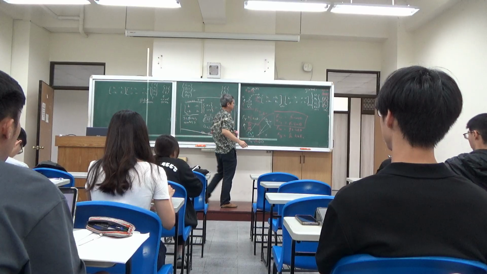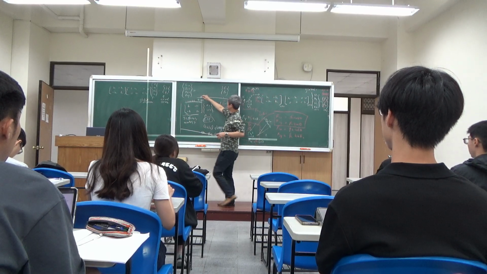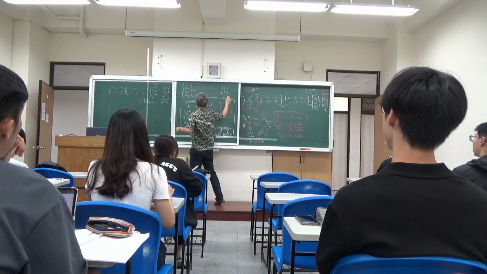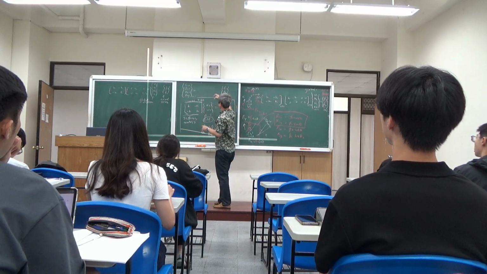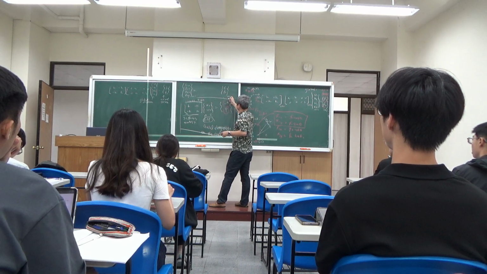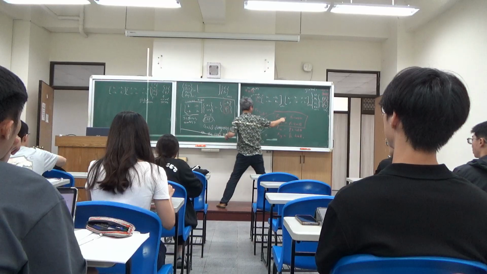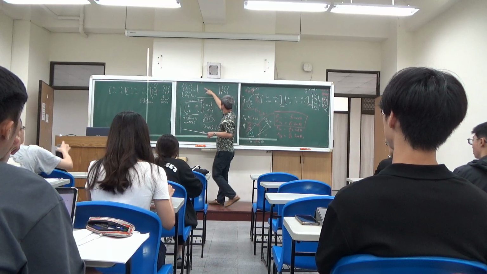For the 4 by 1 vector to be expressed in terms of the 2 by 1 vector, you must multiply with some matrix.